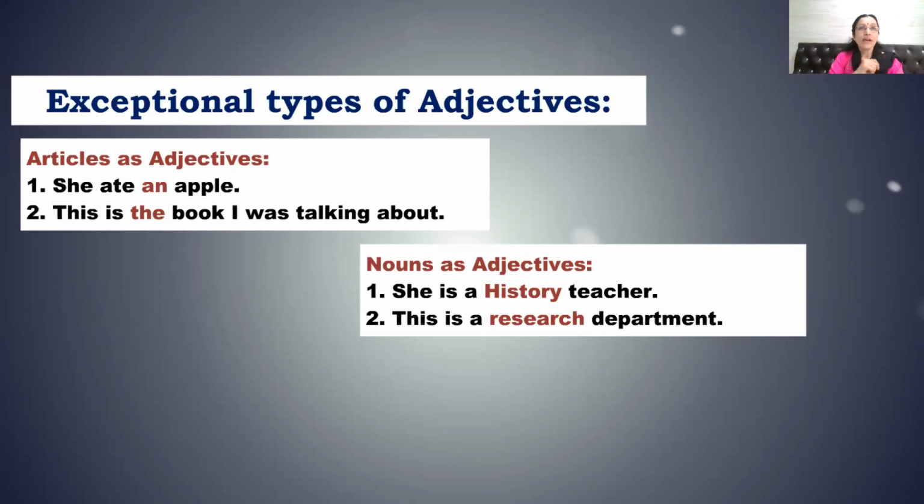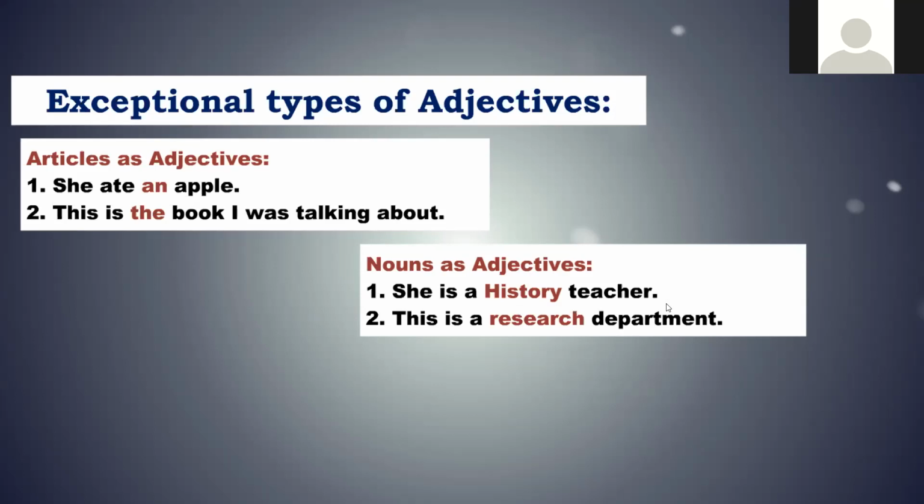Now you're confused. Is it a noun? Is it a verb? Is it an adjective? Is it a pronoun? So at that time don't get confused, because a, an, and the serve not only as articles but also as adjectives. They perform dual roles. Is this clear?